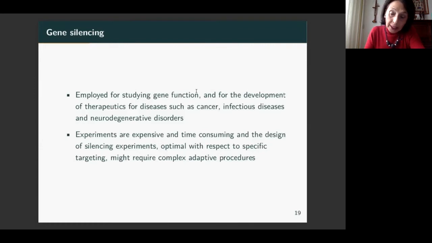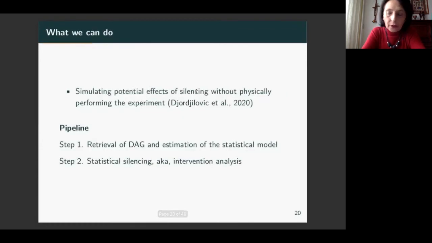And what we can do here is synthetically silence one gene to explore the potential effects of silencing, without performing the experiment in vivo. This might be useful to explore the effects and maybe design more specific experiments. The pipeline foresees two steps. One is the retrieval of a DAG and the estimation of the corresponding statistical model. And the other one is performing statistical silencing, which in the statistical literature is known as intervention analysis.